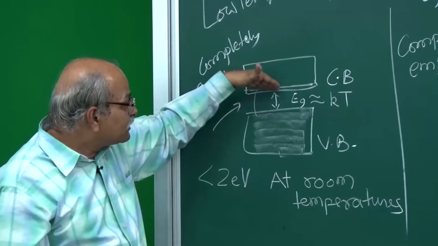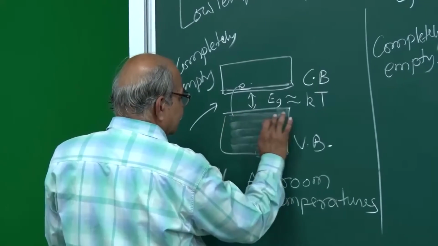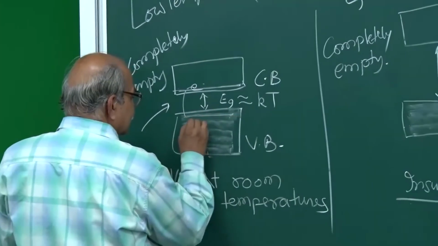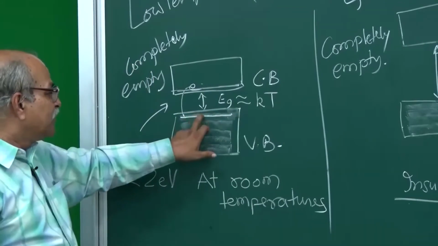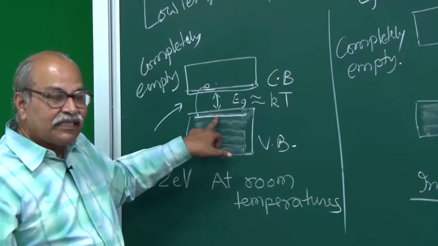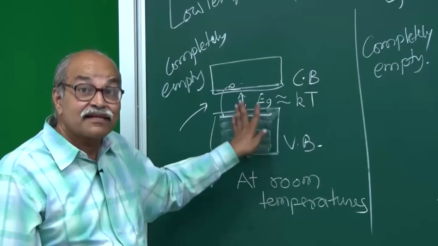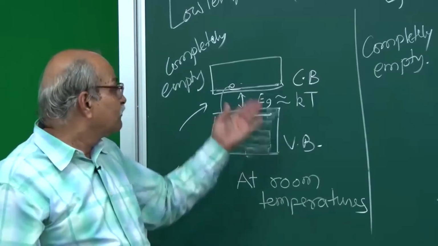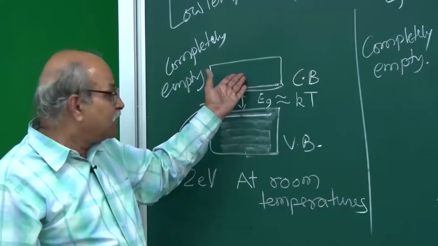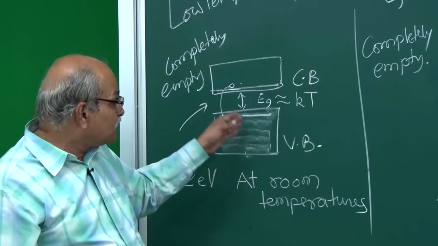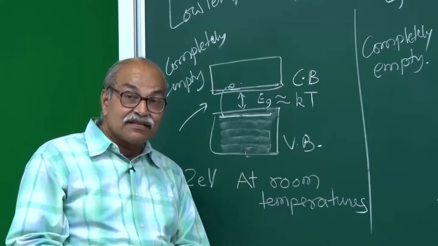So if the electrons are here and then some empty states are created, some quantum states from which it has gone, this quantum state becomes empty. And if this becomes empty, then some movement of electron of this energy is also now possible under electric field. If you apply an electric field, of course this can accept energy and go to a higher energy quantum state. But even here, the electrons which are in valence band, lower energy, an electric field is there.